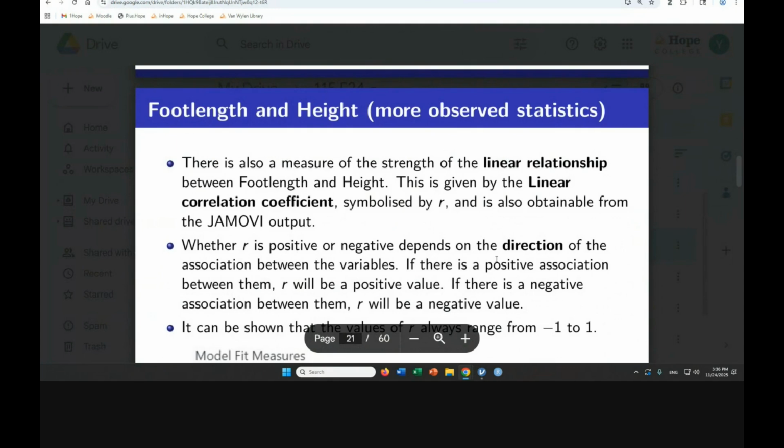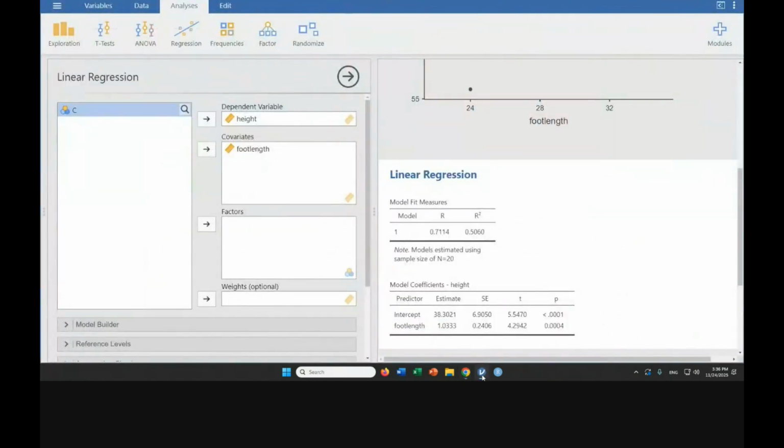I don't know why r. I really don't. All right? Little r. It is also obtainable from Jamovi. Where? Okay. So, do you see R?